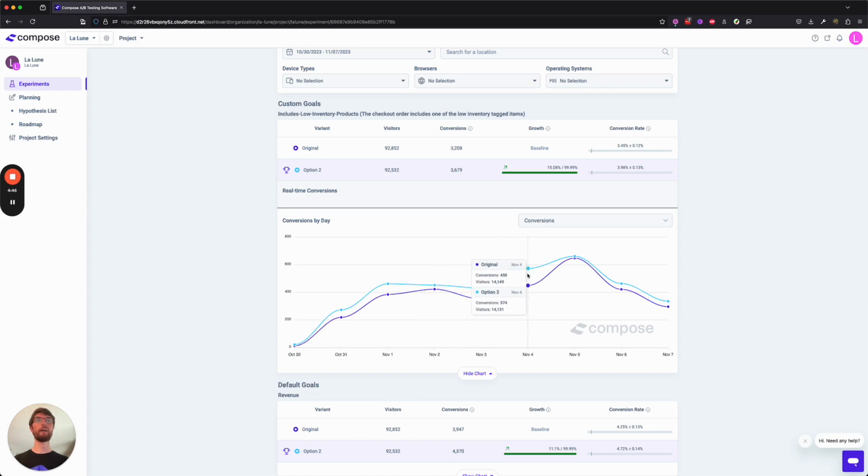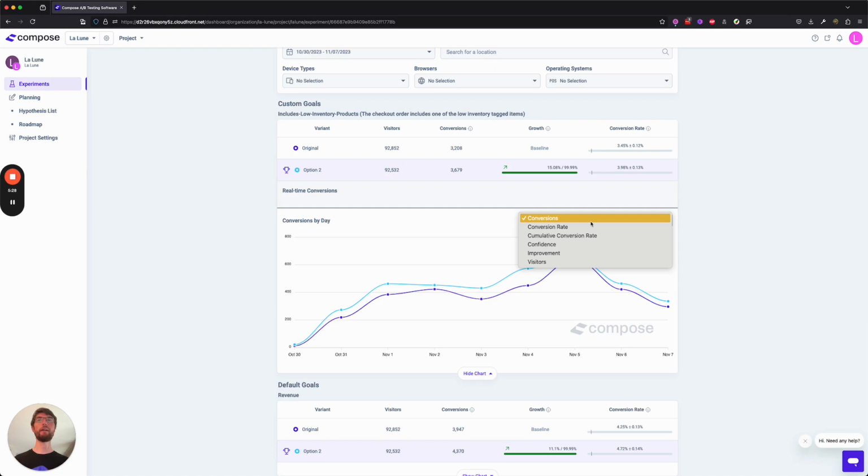For example, if I hover over November 4th here, you can see the original is getting 450 conversions that day with 14,000 visitors, and option 2 is getting 574 conversions with around the same 14,000 visitors.